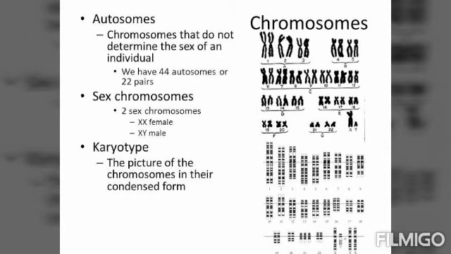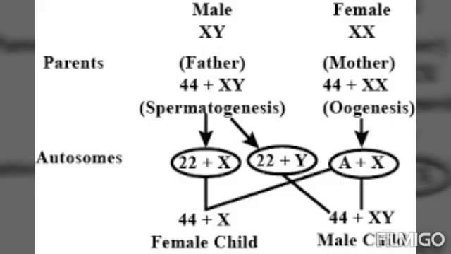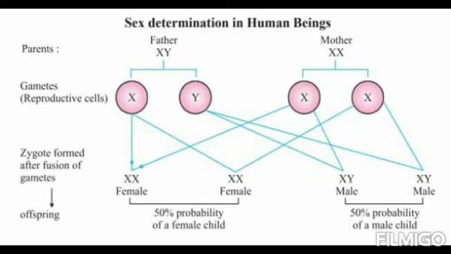We have 23 pairs of chromosomes. Among them, 22 are autosomes, and one pair decides the sex of a child, that is the sex chromosomes. Here you can see male XY, female XX. Parents are 44 plus XY, meaning 44 plus X is 45, plus Y is 46. The 44 denotes the autosomes.